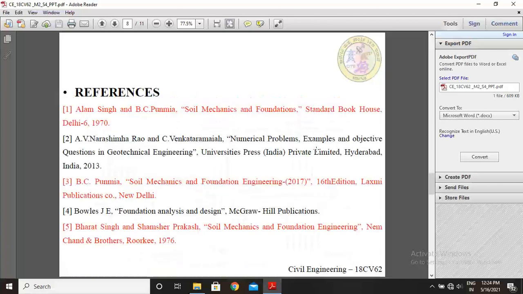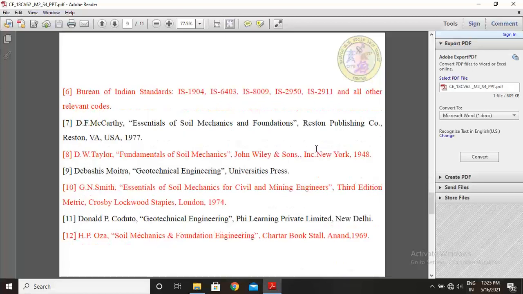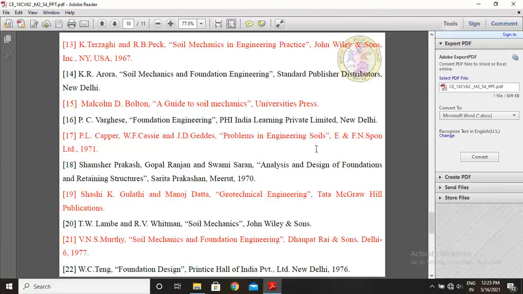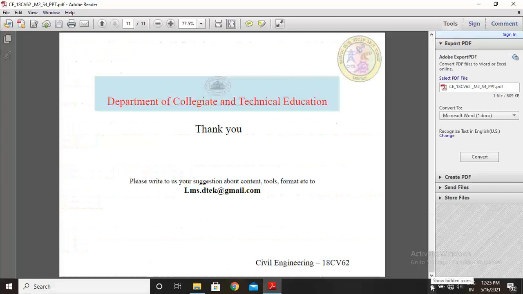These are the references referred to for session 4, with different textbooks, different IS codes, different journals, etc., studied in detail for covering session 4.